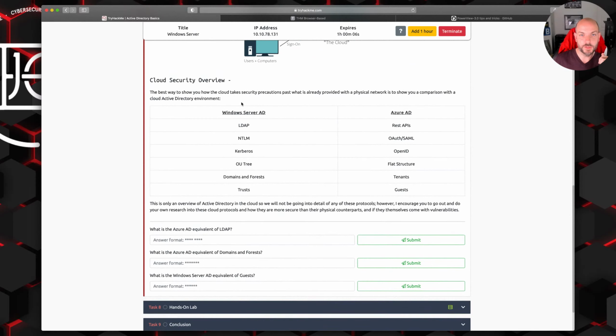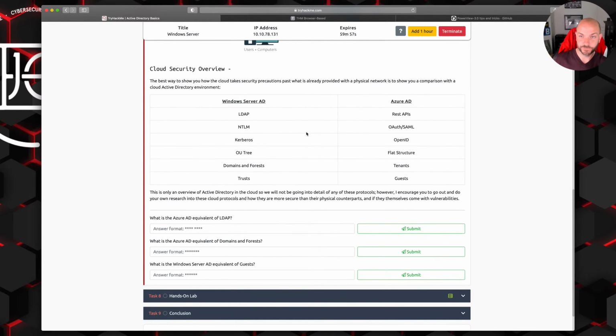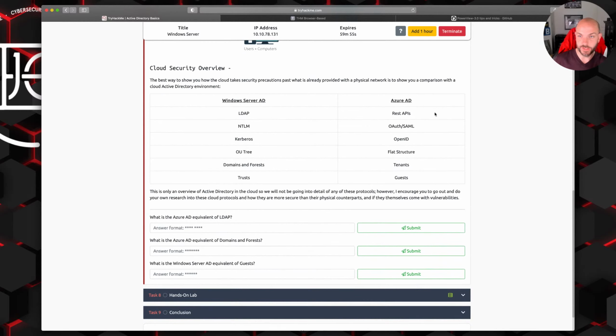The best way to show you the cloud takes security precautions past what is already provided with physical network is to show you a comparison within cloud Active Directory. So instead of LDAP, they're using REST APIs. Instead of NTLM, they're using OAuth or SAML. Instead of Kerberos, OpenID. We're used to OU trees, but here within Azure AD it's more of a flat structure. Domains and forests kind of become tenants, and trusts become guests.